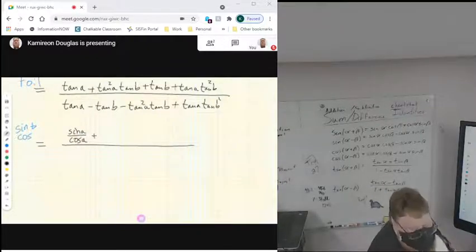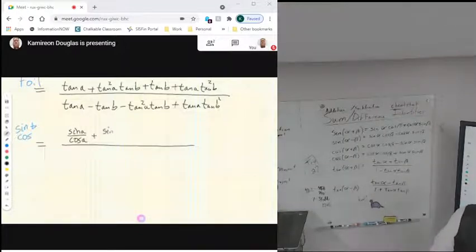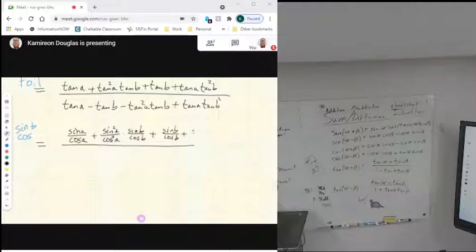Second one is tangent A squared, tangent B, so that would be sine A squared over cosine A squared times sine B over cosine B, plus tangent of B would be sine B over cosine B, plus tangent A tangent B squared would be sine A over cosine A times sine B squared over cosine B squared. That's the entire top.